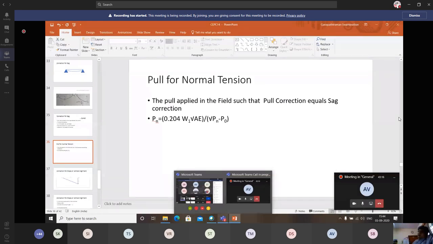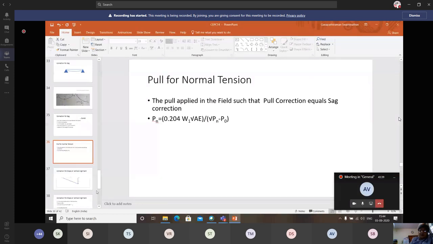Then you need not do any correction for pull or for shock. Such a pull is called the pull for normal tension.